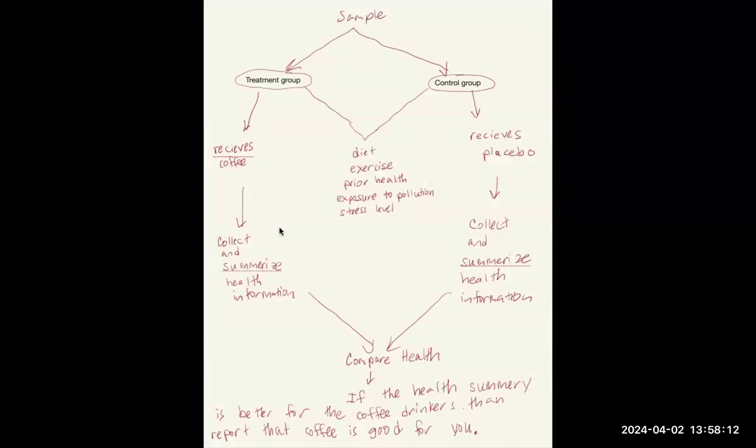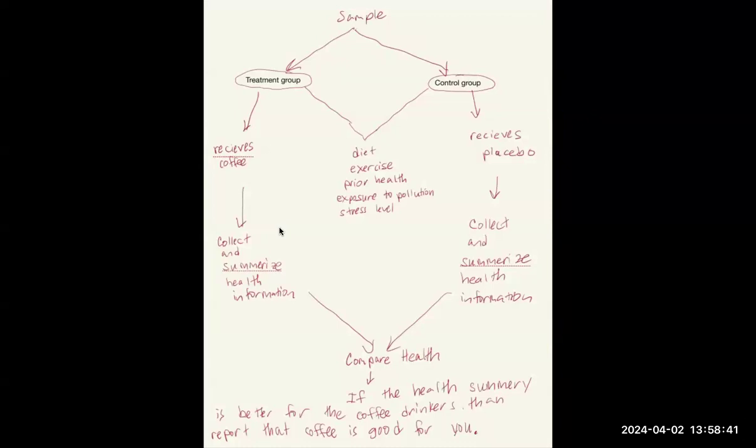Because if at the end we say, okay, look, it does look like people's health improved, they'll ask, well, how can you tell it improved from what, right? So the control group serves as a baseline. This is how the average person's health would be if they were not taking the drug, compared to the person that is taking the drug. So that's why we have a treatment group and a control group.